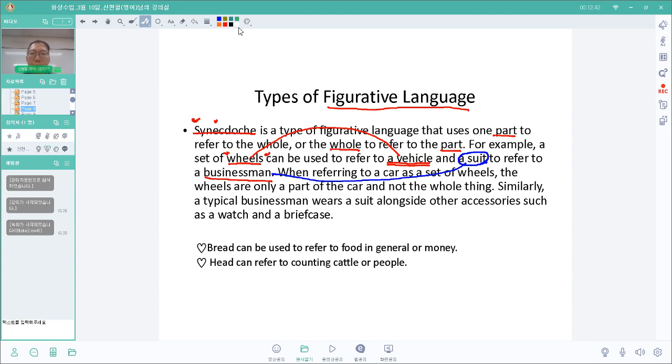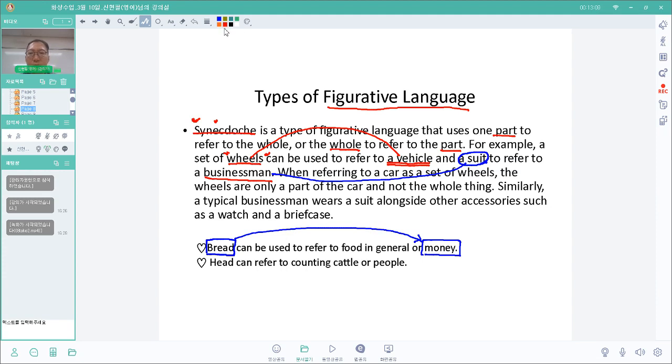So other example is like when your dad says, hey, I need to bring some more bread to my family. When your dad mentions bread, he is not just meaning the bread as a food. He is mentioning the bread as a money. I need to bring more money for my family members. Okay? Bread can represent money. Or head.